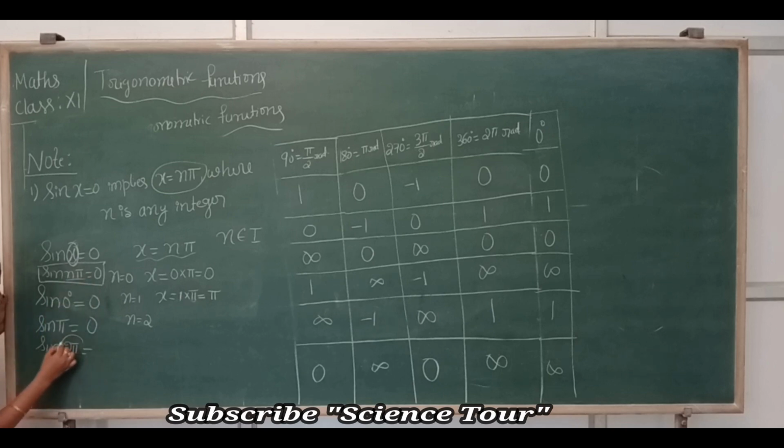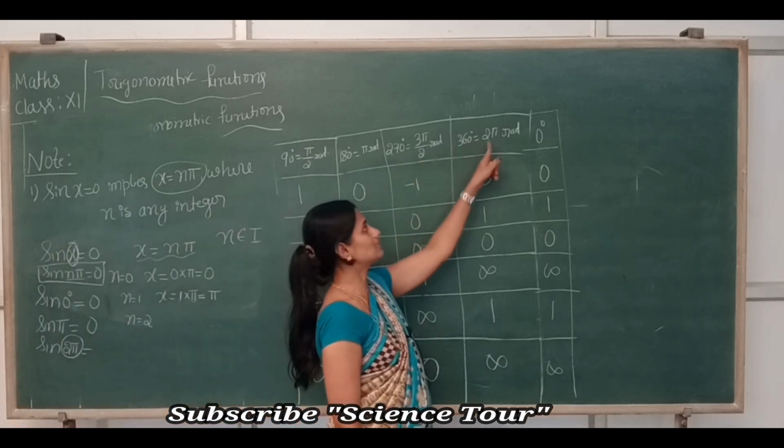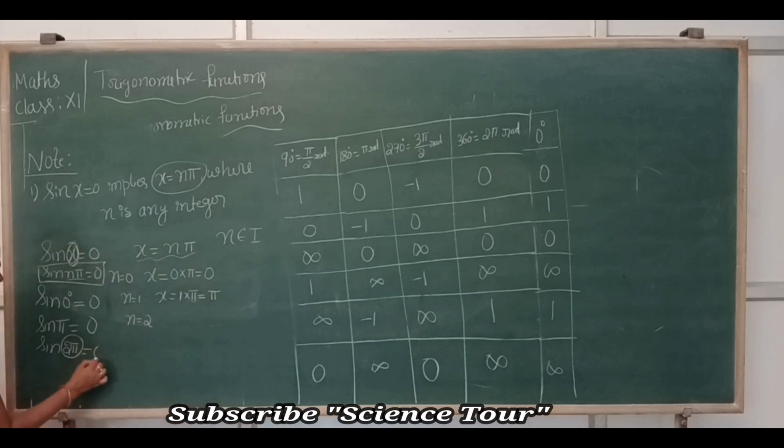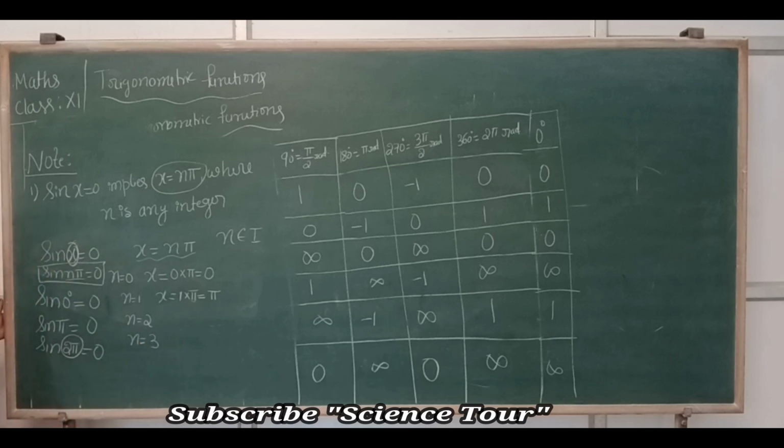So 2 pi means it is 360 degrees. What is the value? It is 0 degrees, so it is 0. If you take n is equal to 3, then it is sin 3 pi. N pi can be replaced as 3 pi, that also comes as 0. That is 0 value. Okay.